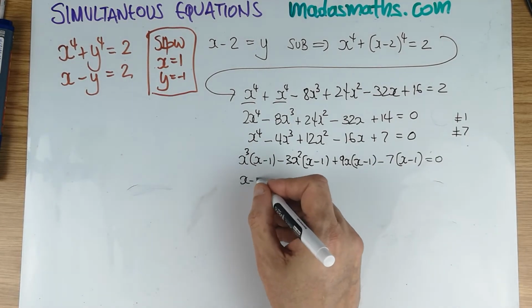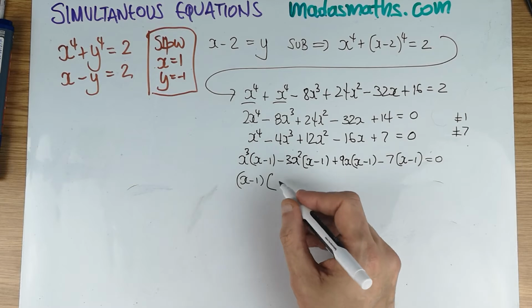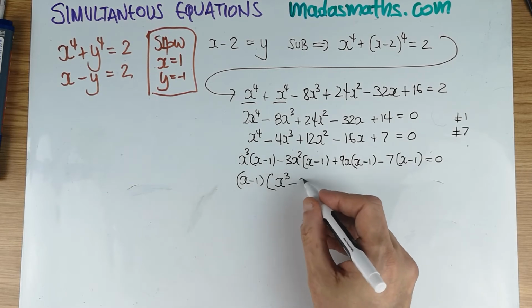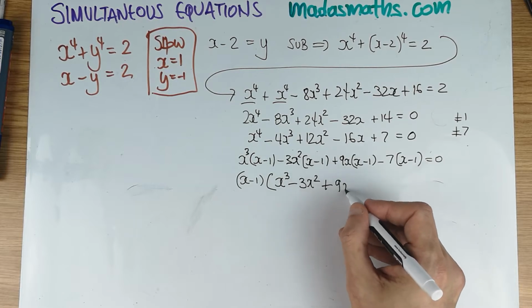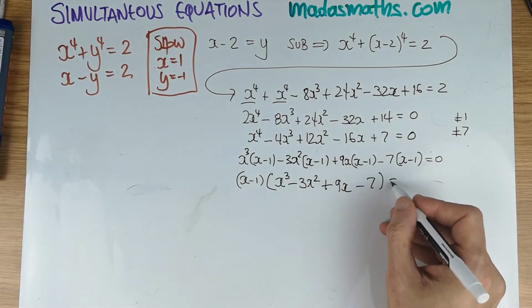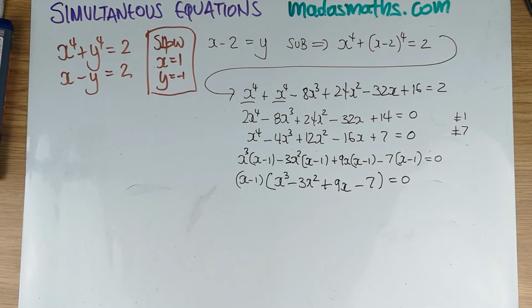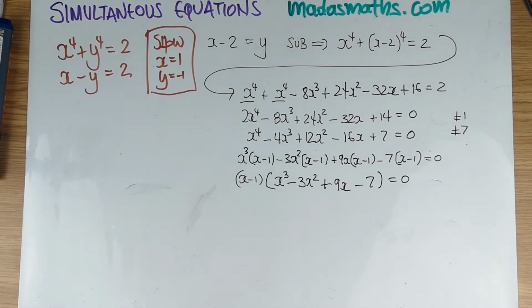And then I can factorize the x minus 1, and this will give me an x cubed minus a 3x squared plus a 9x minus 7 is equal to 0. So far, x is equal to 1 is a solution. What do I do with this cubic?